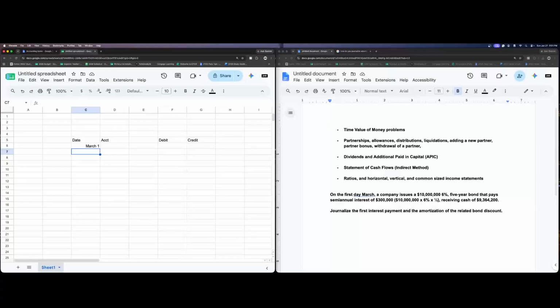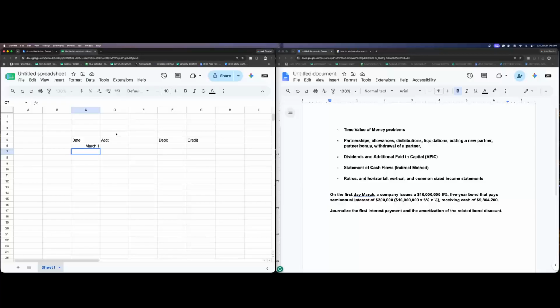Because it's a bond, if it was issued at face value, we could do some math to figure out how much more the market price is compared to the contract rate, because the contract rate is 6%, but they've only received 9,364,200 in cash.